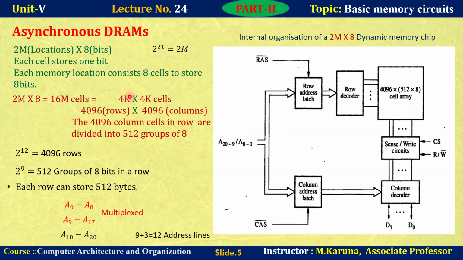Okay, so here these cells, 4K into 4K cells, can be organized like this: 4K rows, 4K columns. The 4K column cells in a row are divided into 512 groups of 8. 512 into 8 becomes 4096.